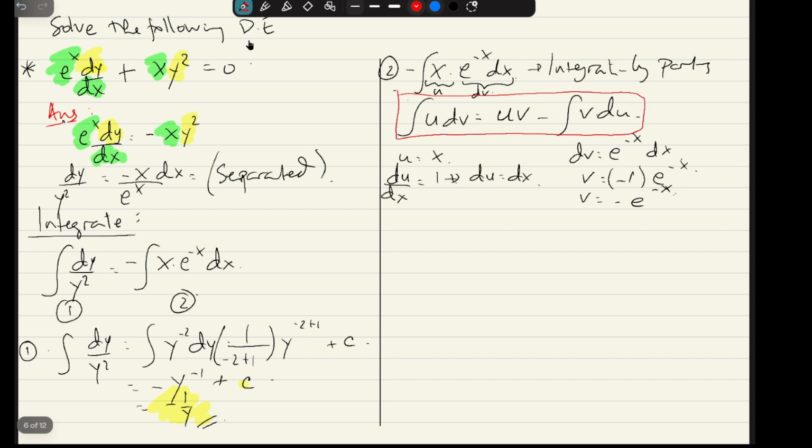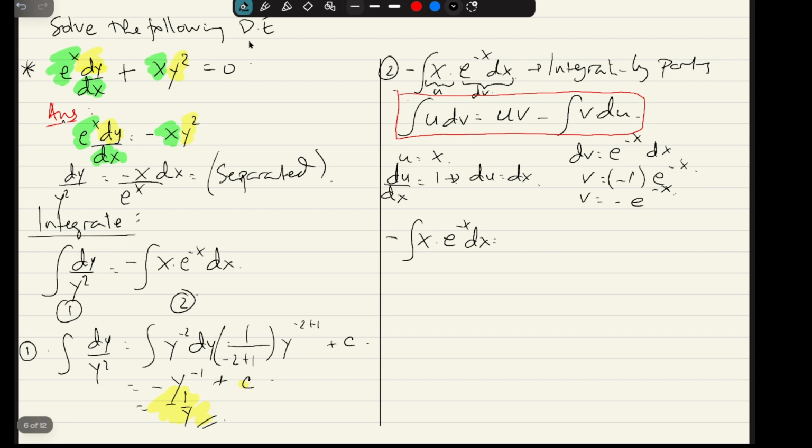But our problem is negative, so we can leave it for now. We can write down here: negative of the integral of x e to the negative x dx.